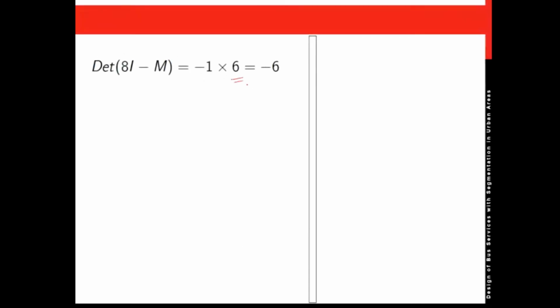So the determinant of 8I minus M must be equal to minus 6. So now the problem becomes very easy. Now what is the determinant of (8I minus M) cube? We will multiply this minus 6 three times. So that is minus 216.